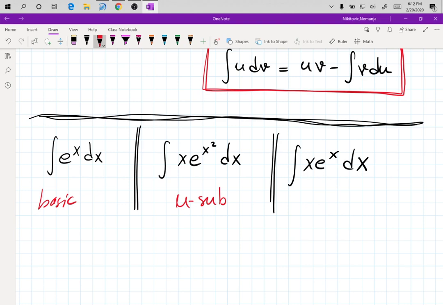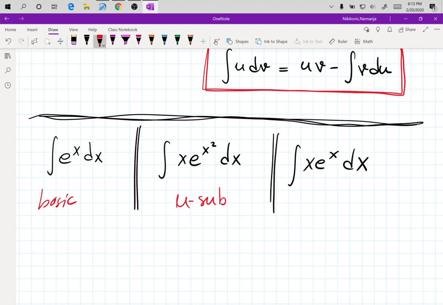It looks very similar to the middle one, but it doesn't have that square. And this is where integration by parts kicks in, because nothing else would work. It's not a basic integral, and you can't do u substitution because your exponent is just x.